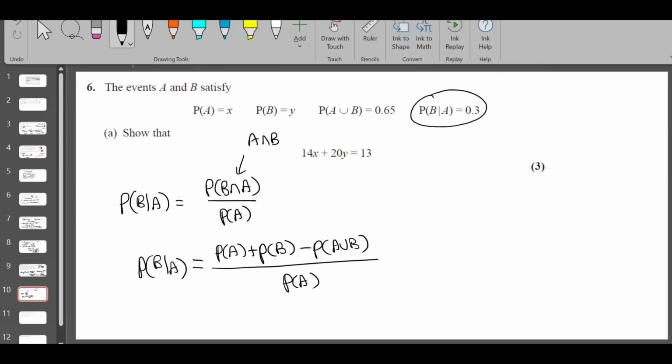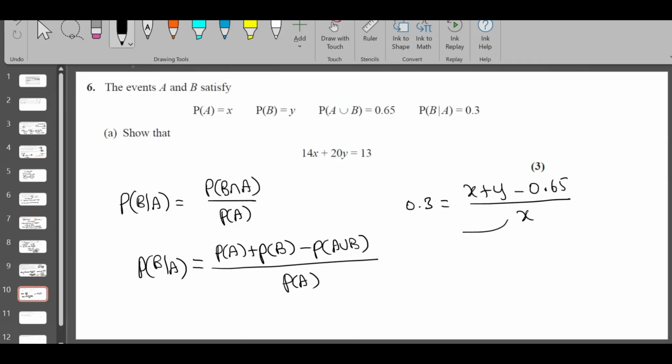Now just sub in all the known quantities. P of B given A is 0.3. So we'll get 0.3 is equal to P of A plus P of B minus P of A union B, divided by P of A. Okay. Bring the x here. 0.3x is equal to x plus y minus 0.65. Okay, first simplify this.